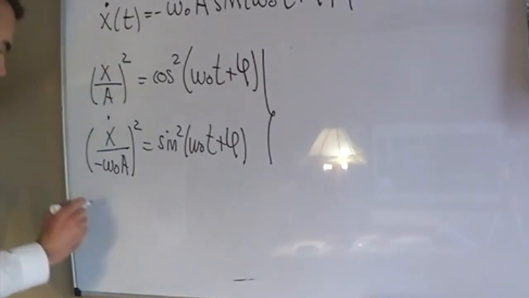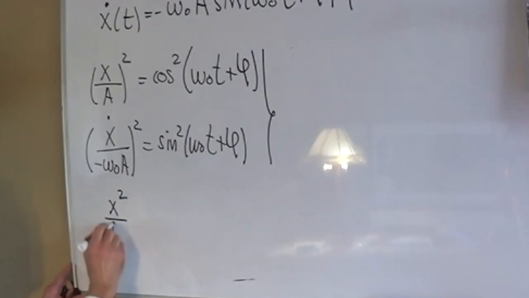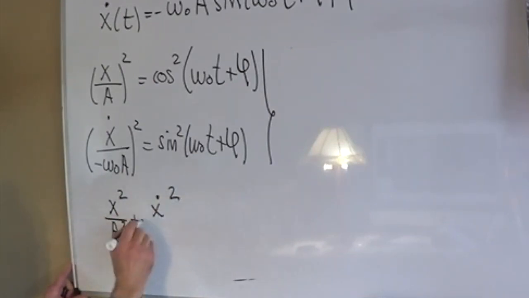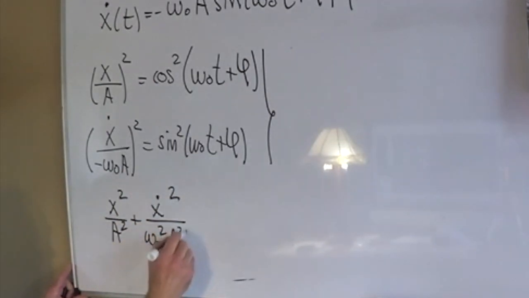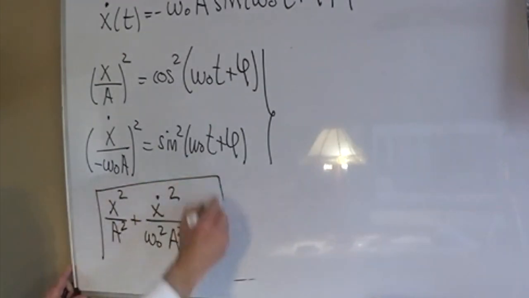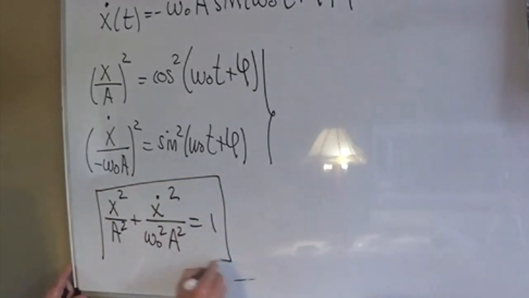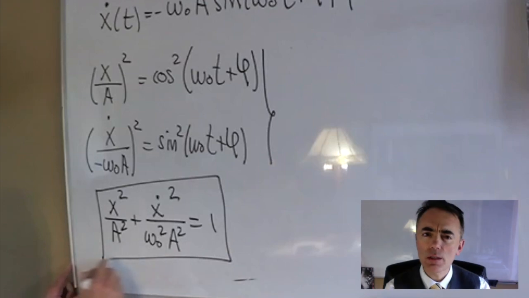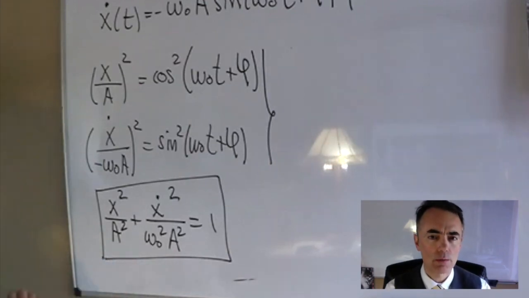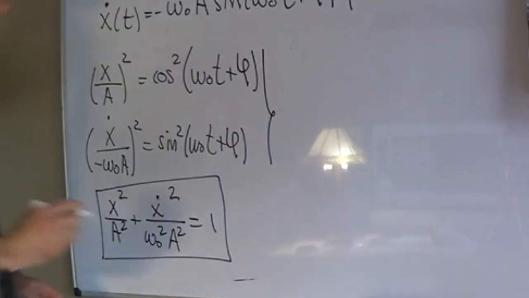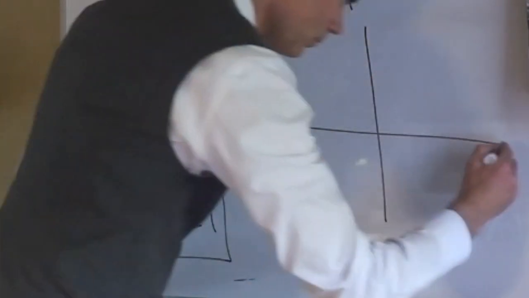Then we can eliminate time and get the equation of the trajectory in phase space. Be aware that this is not the trajectory in real space, but in phase space. This equation is the equation of an ellipse.